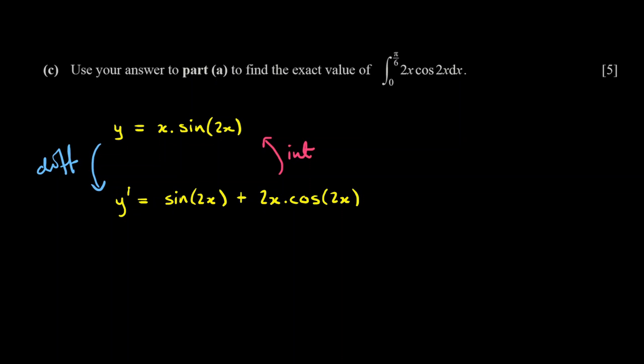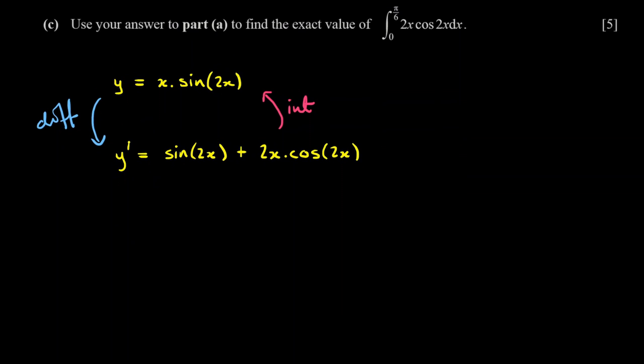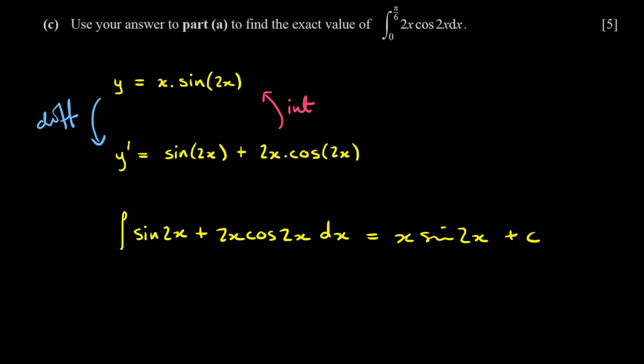Now, to make your life a lot easier, may I suggest that you take the derivative you found in part A and immediately write it as an integral. In other words, you write: the integral of sine 2x plus 2x cos 2x dx, because you're integrating with respect to x, is equal to x sine 2x, and then of course you add a constant of integration.